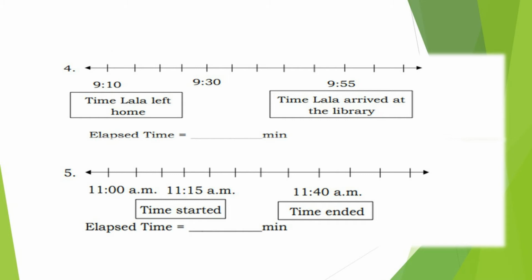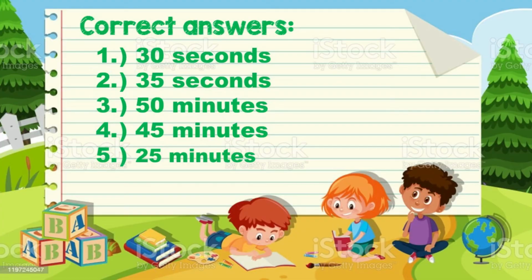Now class, if you are done answering our activity, let's see if your answer is correct. Okay, if your answers are the same as mine, you are correct. Good job, kids!